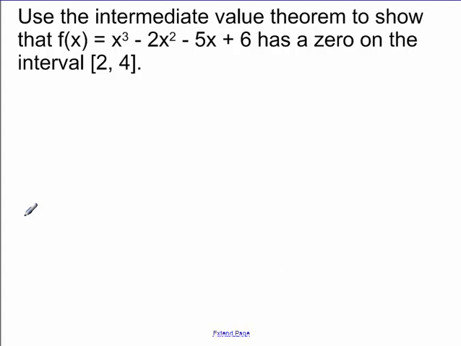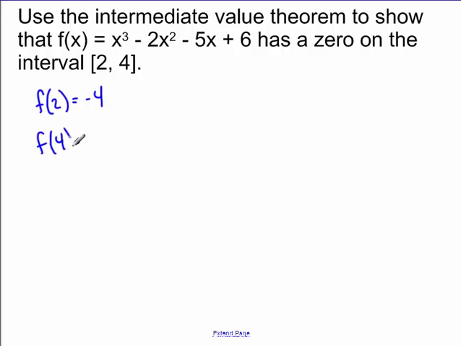Okay, so use the intermediate value theorem to show that this function has a 0 on the interval. Since our function is a polynomial, it is continuous, and I'll talk about how I want you to justify that. Find f of 2, which is equal to -4.